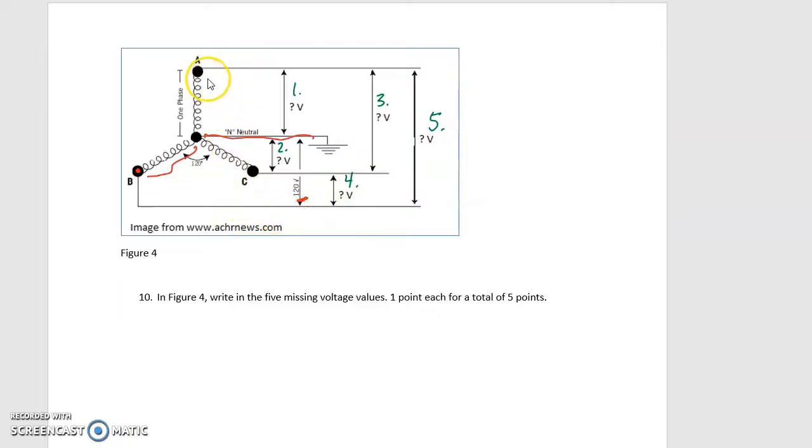That means the voltage between this point and this point, which is here, is also 120 volts. The voltage between this point and this point, again, is 120 volts.